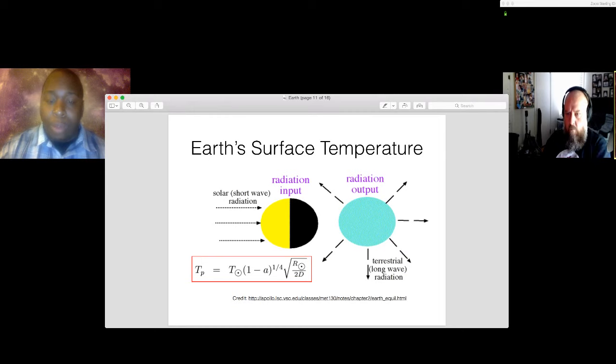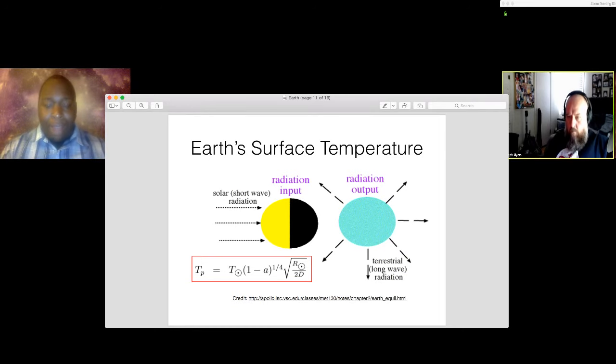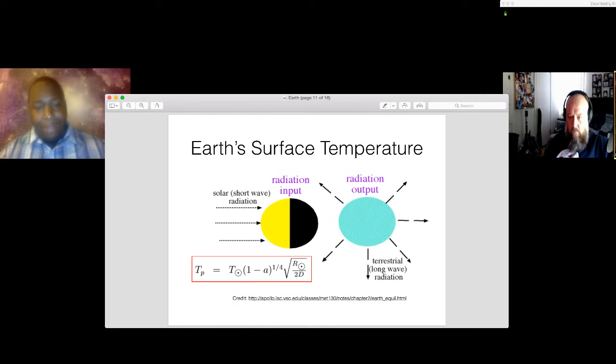So you have to find the balance of the amount of energy that the planet is receiving, in this case from the sun, which peaks in the visible portion of the electromagnetic spectrum. But then you have this radiation output, which peaks in long wavelengths, in the infrared portion of the spectrum.